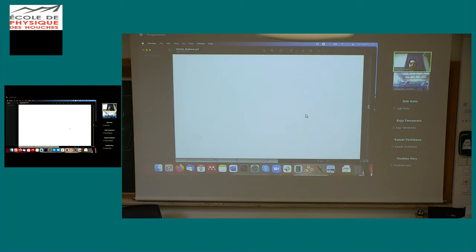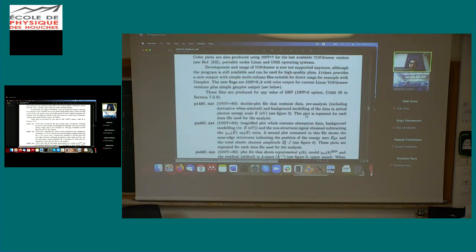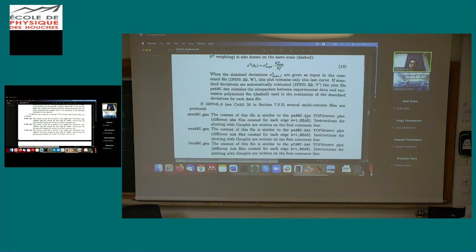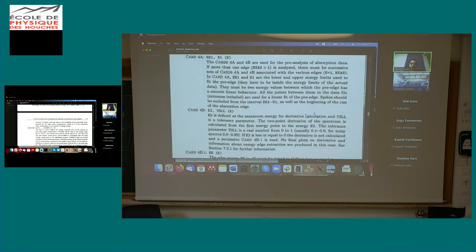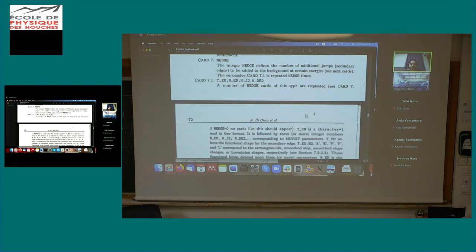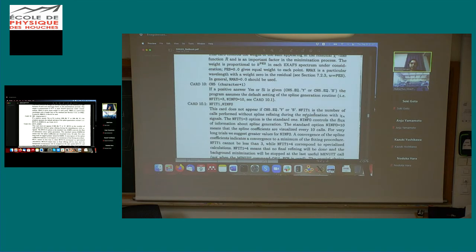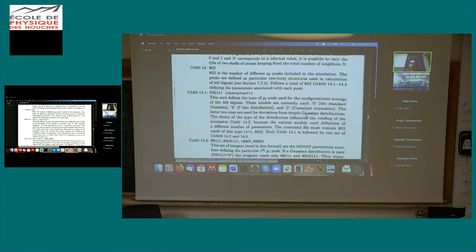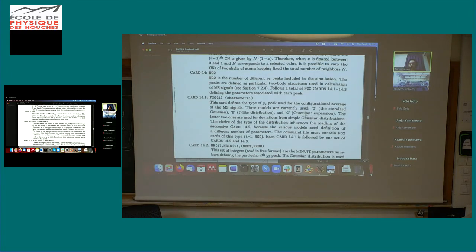Let me look. Here again, if you look in the manual, everything is written in more detail. But yeah, this one. So 3 models.